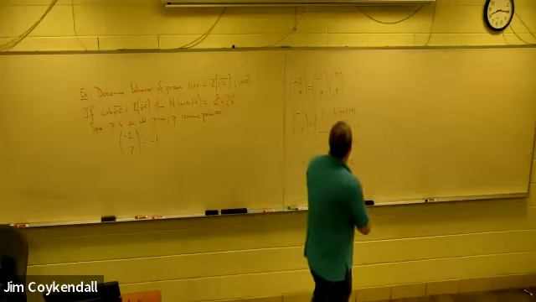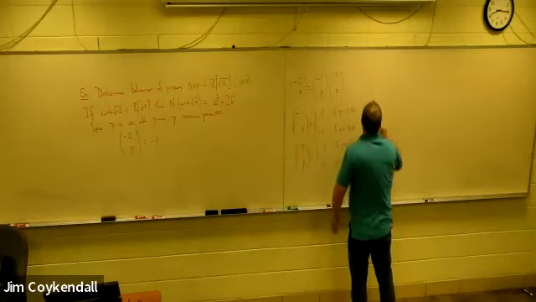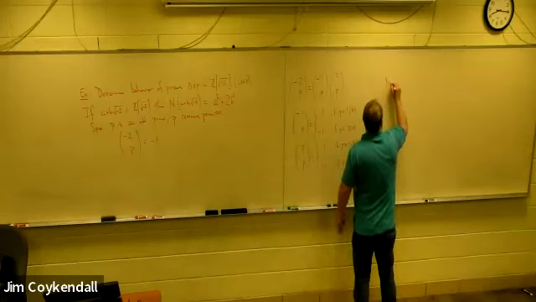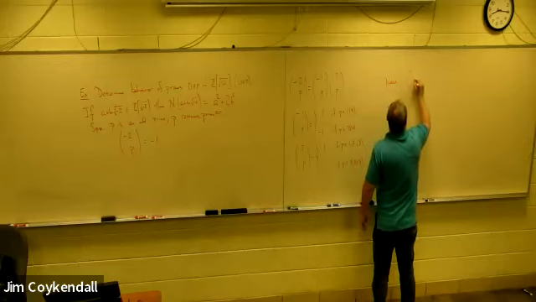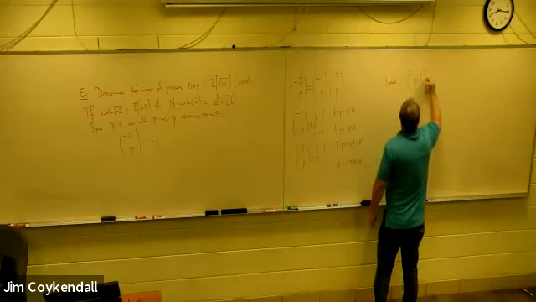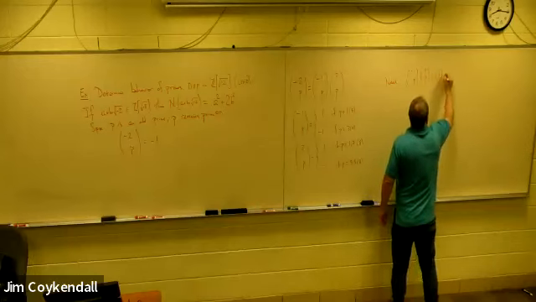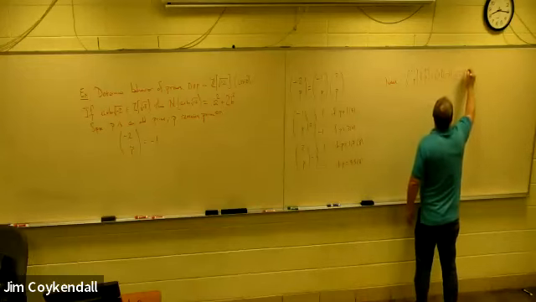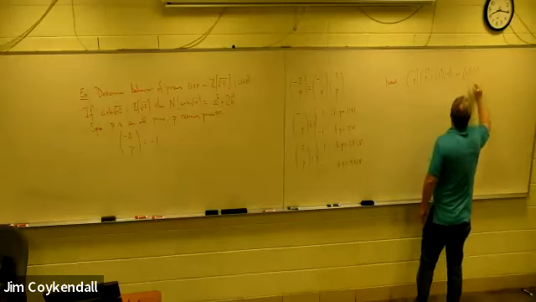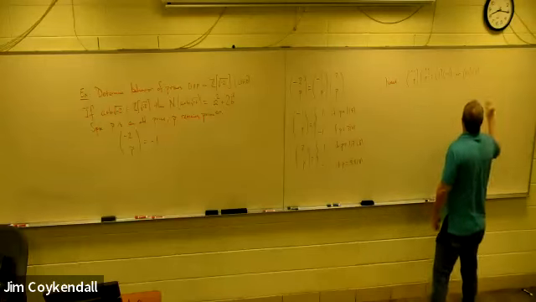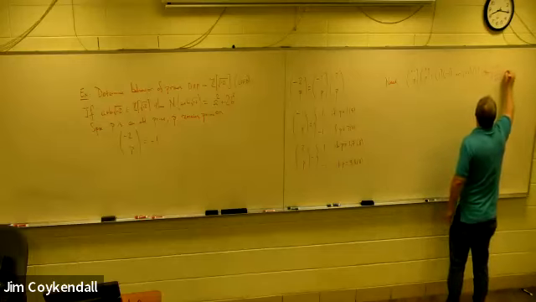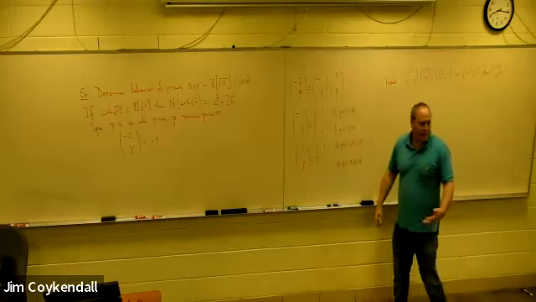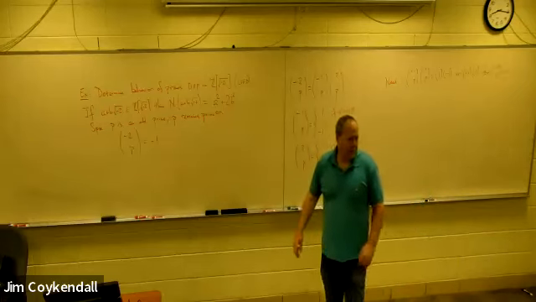So we need 4 minus 2p equals 1. That's what we need to have, right?